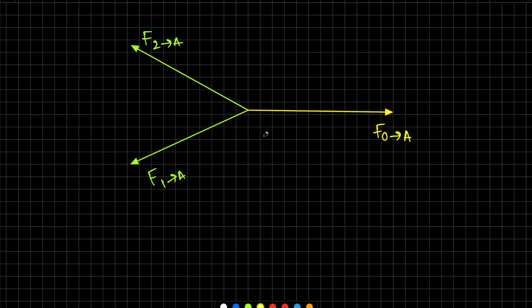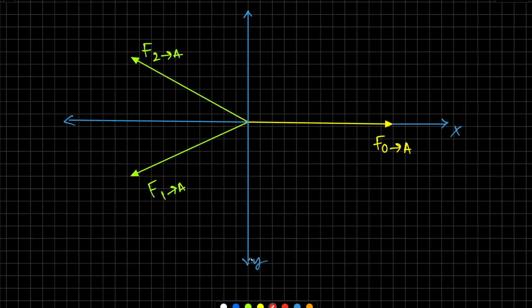Now F0 to A is on the x-axis. I'll draw the axes. F0 to A is on the positive x-axis. Now this angle is theta and this angle is also theta. We already found theta, 18.44 degrees.